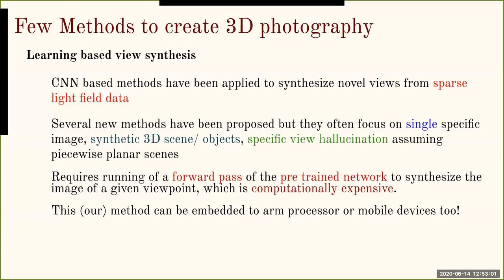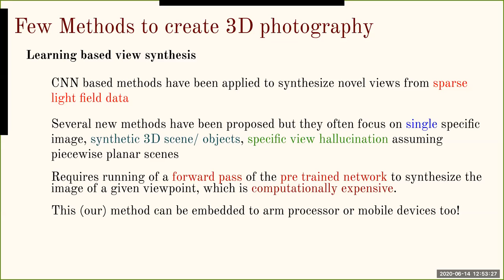Our method requires running a forward pass of the pre-trained network to synthesize the image for a given viewpoint, which is computationally expensive. Recent methods also use a forward pass, but our method uses a variant of UNet which has some constraint in the convolution, meaning they skip some convolutions. We will come to that later.